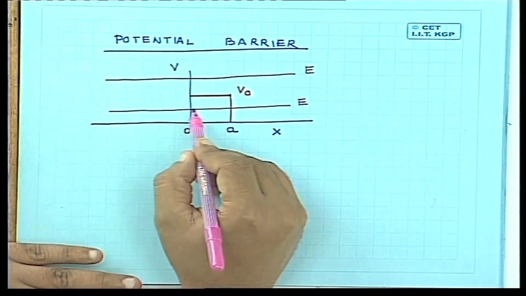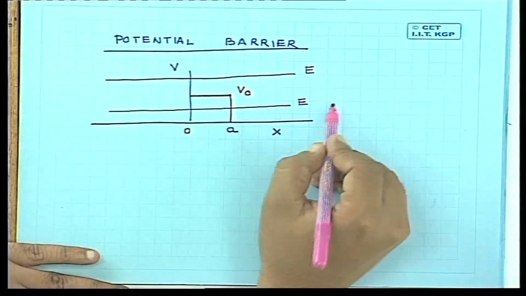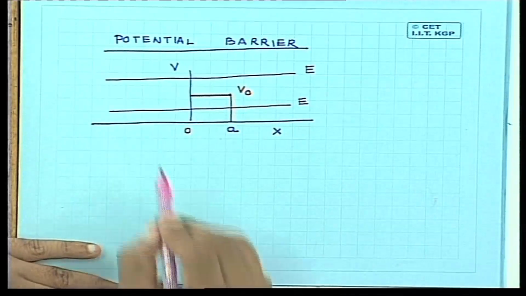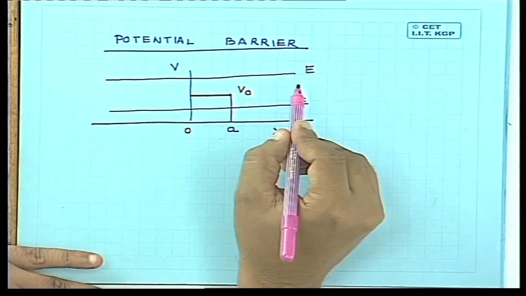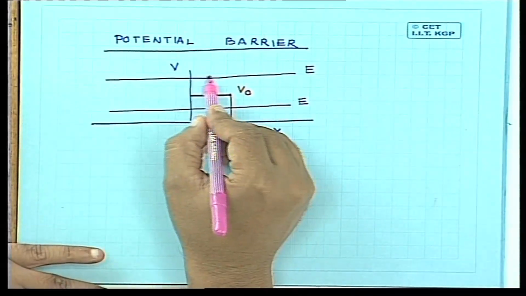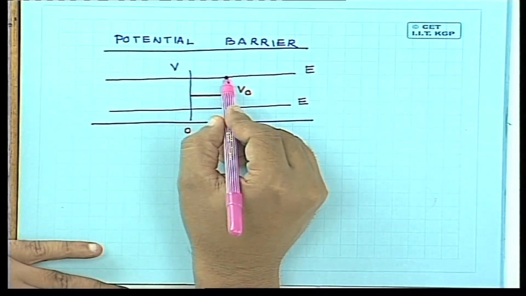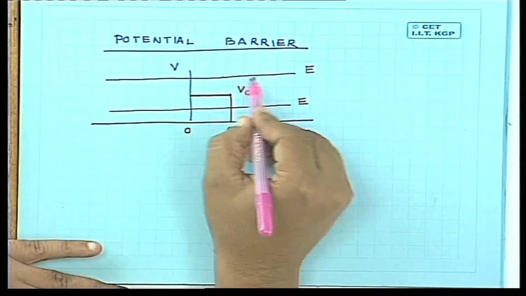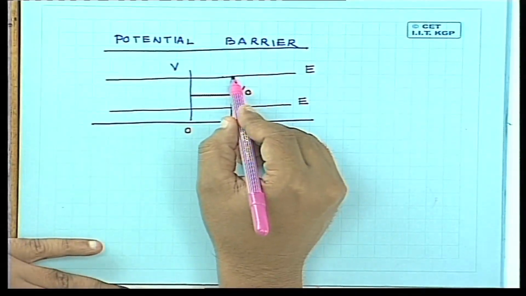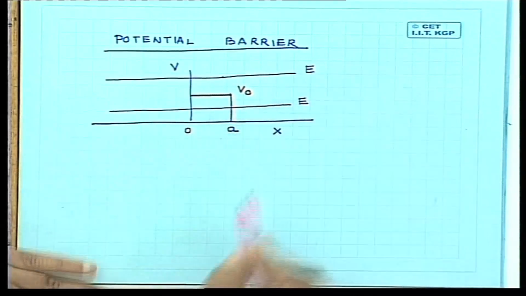It would not be able to propagate onto this region here. If the energy was more than the barrier height, it would go through. It would move slightly slower in this region because its kinetic energy would fall, and then it would regain its original kinetic energy once it crosses the barrier, and it would continue.